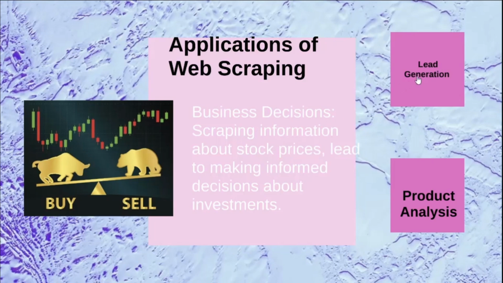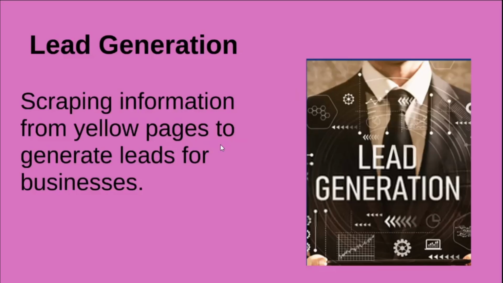Now the second one is lead generation, wherein you can also make money if you know how to use it. Suppose you are extracting information from Yellow Pages and you are creating leads with the help of this information, and you sell these contacts to companies and you save their time, effort and energy just by providing leads.